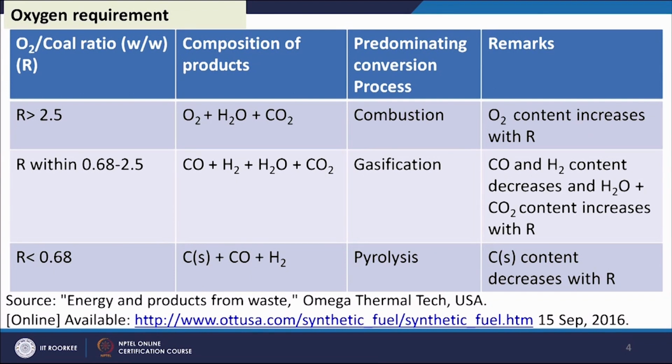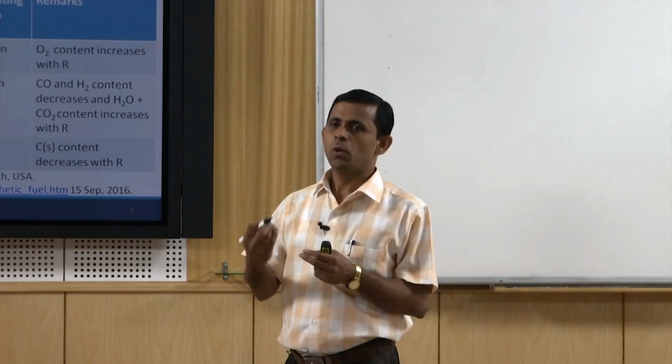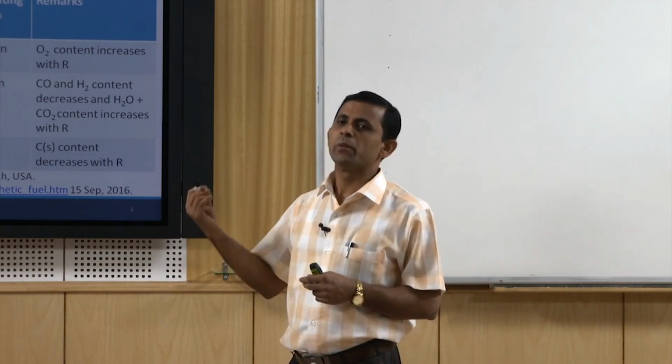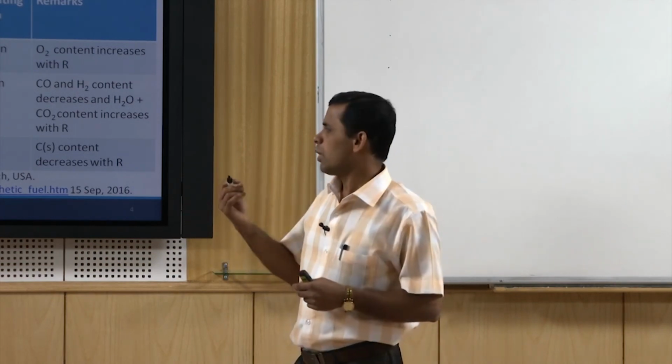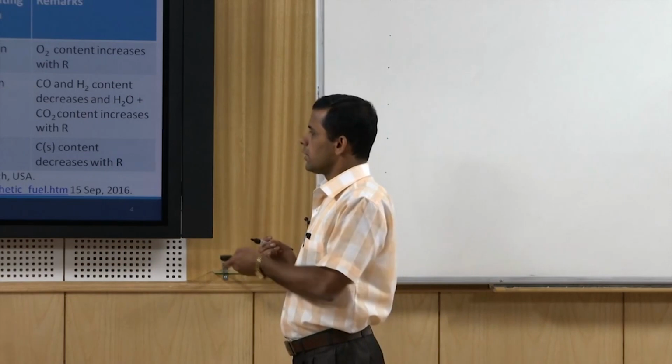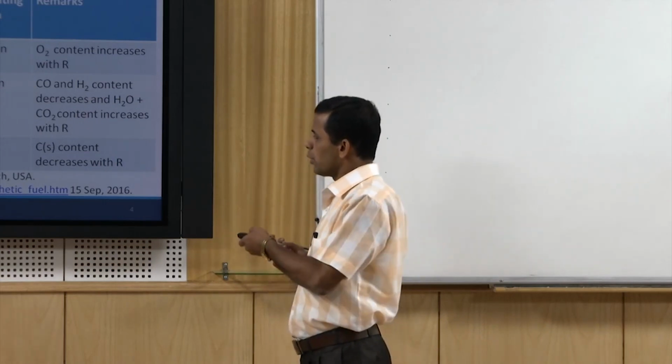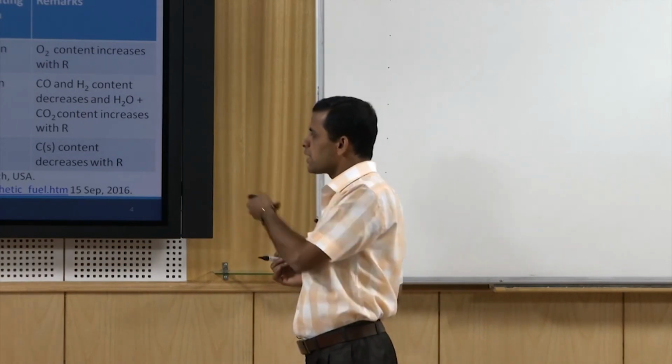So, if we put some solid waste and say air or oxygen, under which ratio of oxygen and feedstock, what type of process will predominate? That guidance has been given in this source, Energy and Products from Waste, which I have mentioned here.